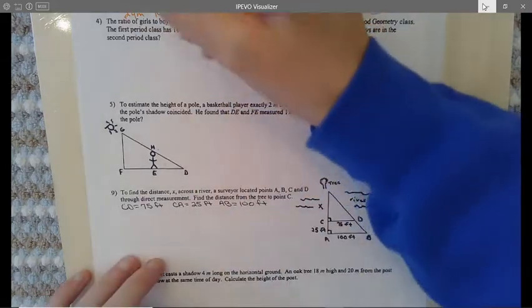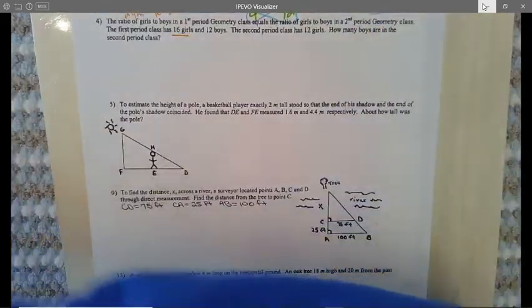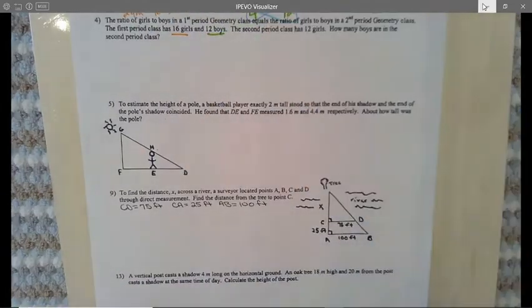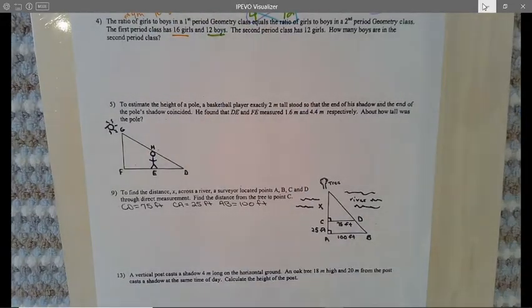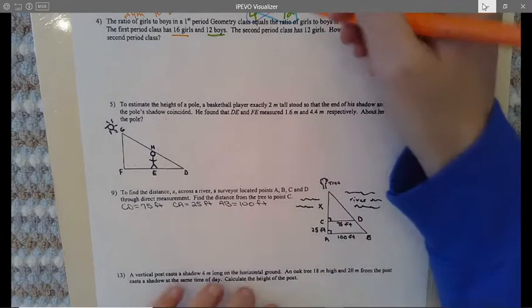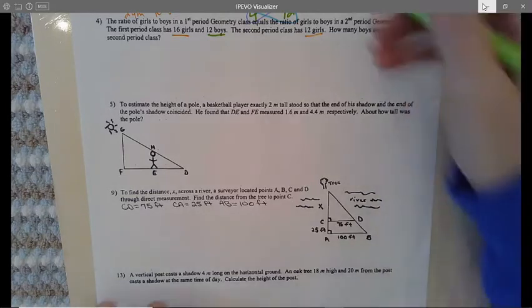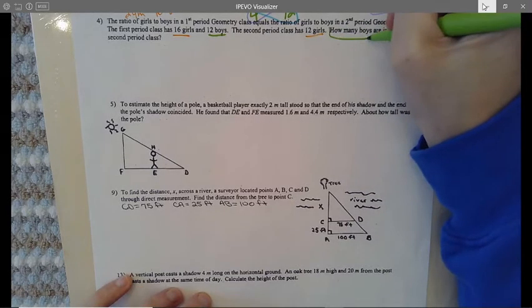In the second class, we have 12 girls, and I want to know how many boys there are in the second period class.